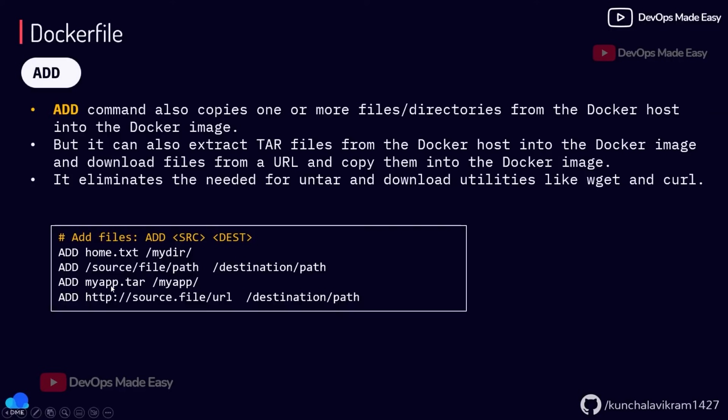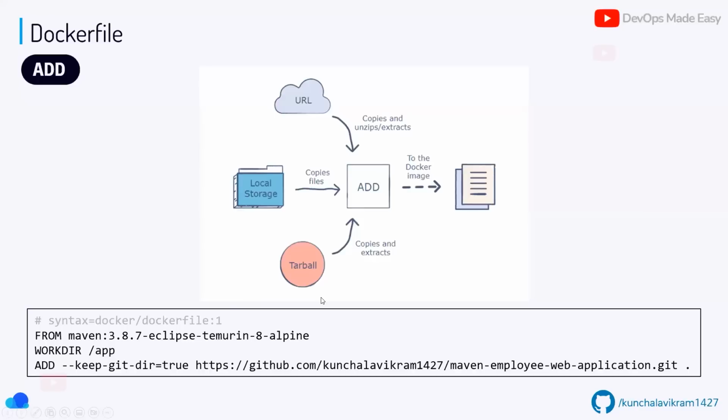It can also extract the content. Let's say you have an app.tar file. When it is getting copied, it will untar it and copy. It can also download files from a remote location and put them into the container file system. So you have these other advantages.